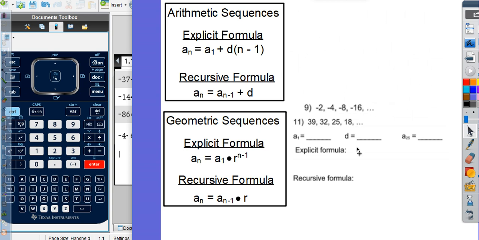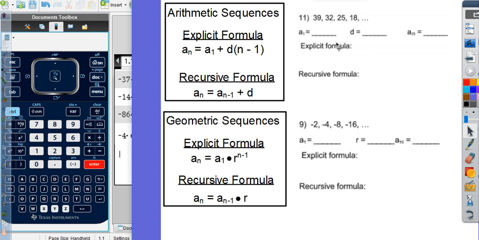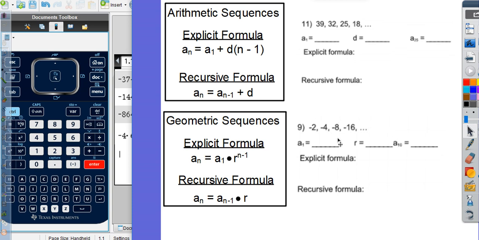I'm going to reverse these two real quick. Okay, so I know this one's arithmetic because it's got the D. Also, it's going up by, or in this case, it's going down by 7. So from there to there is going down by 7. Down by 7.